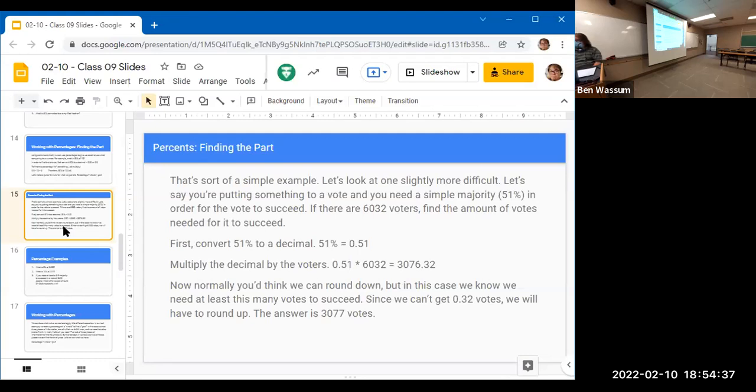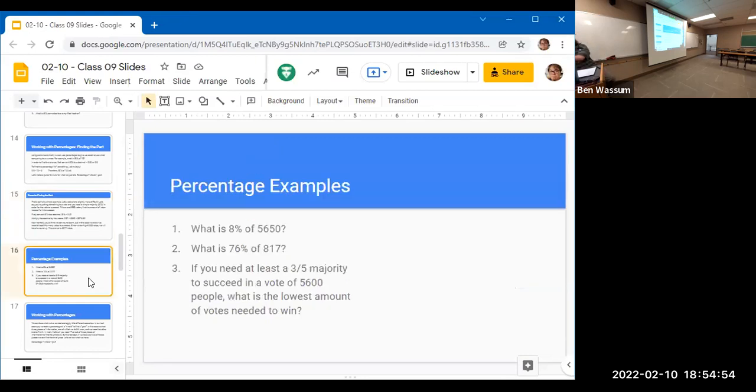So you would end up saying that your amount of votes needed to succeed was 3,077. So you'd go up 1 just to account for that difference. I only have a couple of examples on these ones because they all work out roughly the same.